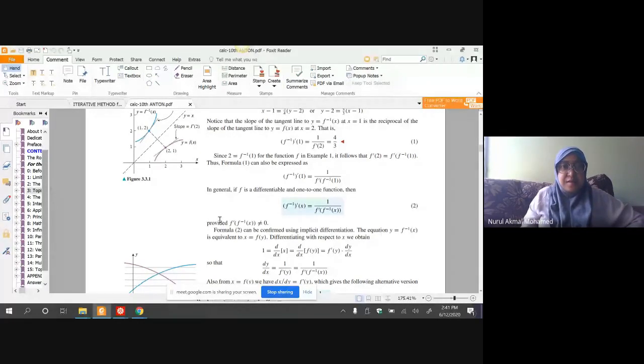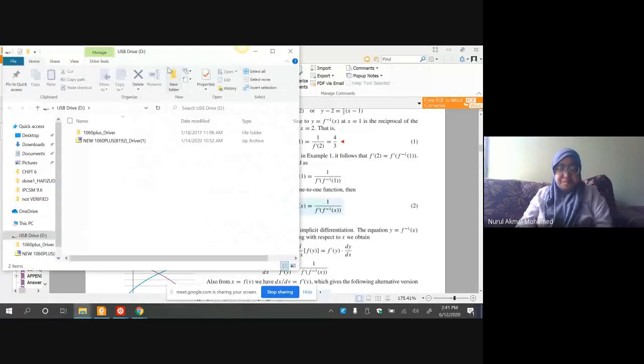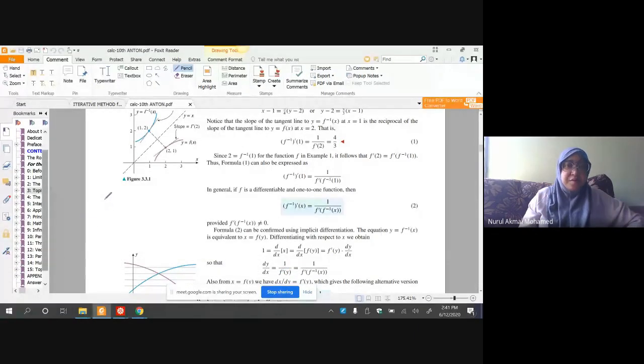If you observe carefully, you know that the graph of y equal to e^x looks like this, isn't it? So this is e^x, and this is a line y equal to x, and the inverse of the exponent function is the logarithmic function, the ln function.